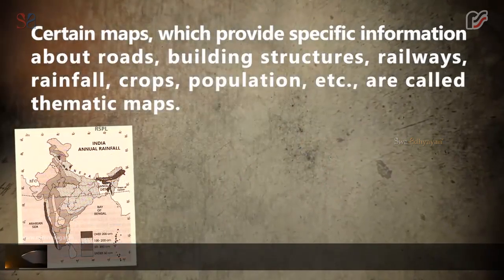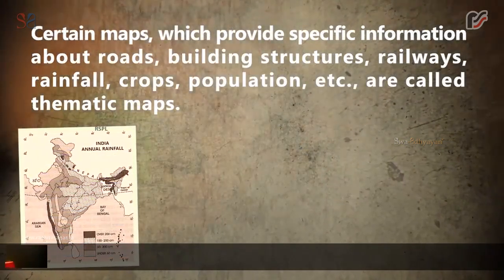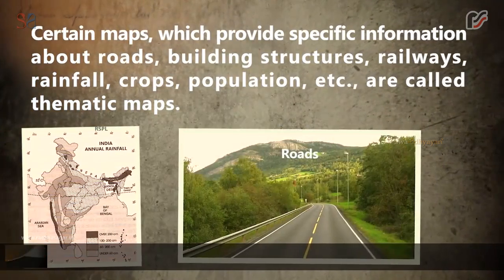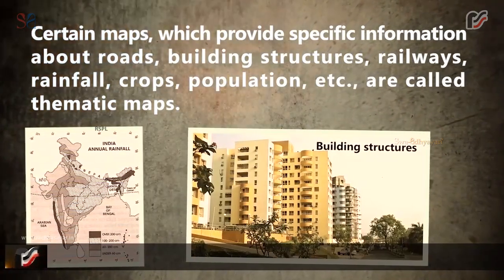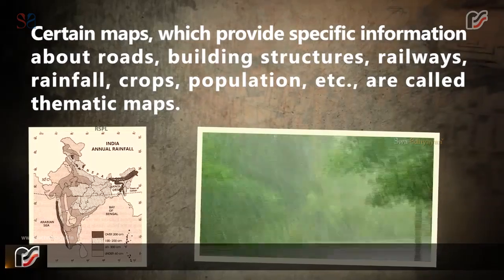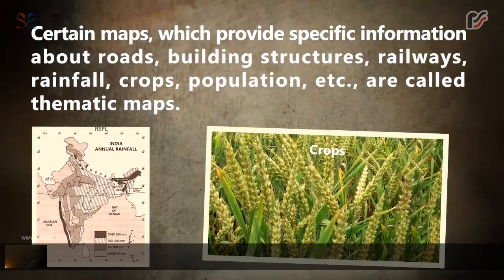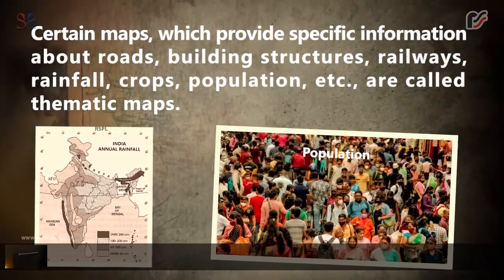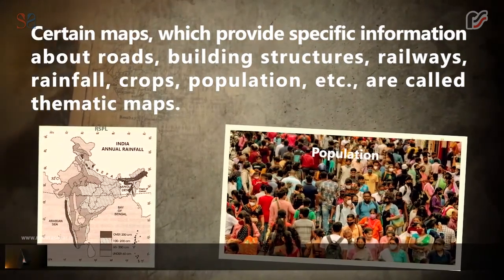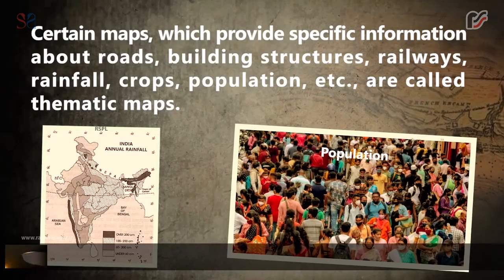Certain maps which provide specific information about roads, building structures, railways, rainfall, crops, population, etc., are called thematic maps.